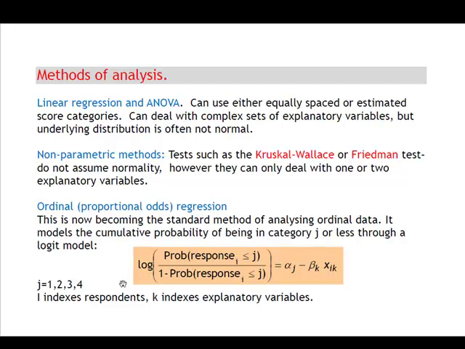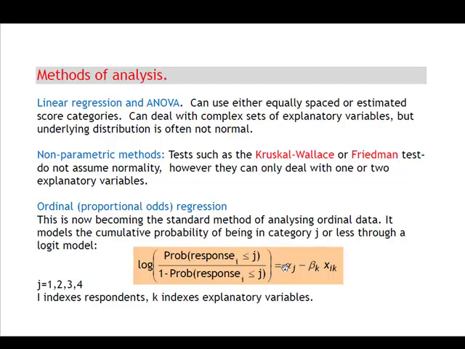J goes, in this model, 1, 2, 3 and 4. For a 5-point scale, the probability of less than or equal to 5 will always be 1 because you're taking the whole set of responses. So we're modeling that as a logit. This is similar in a way to a logistic model, apart from the fact we're looking at cumulative probabilities.